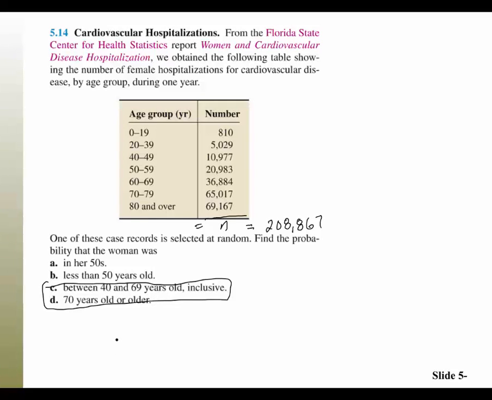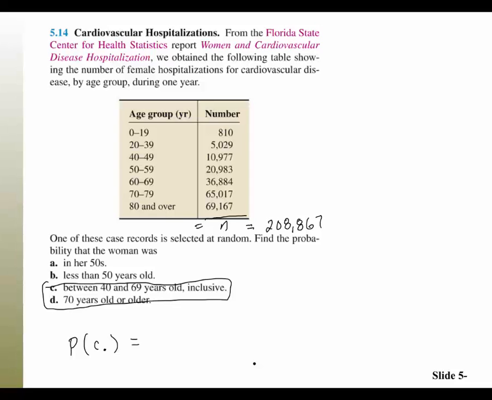So between 40 and 69, or 70 years and older. What would you do to get part C, probability between 40 and 69 years old?